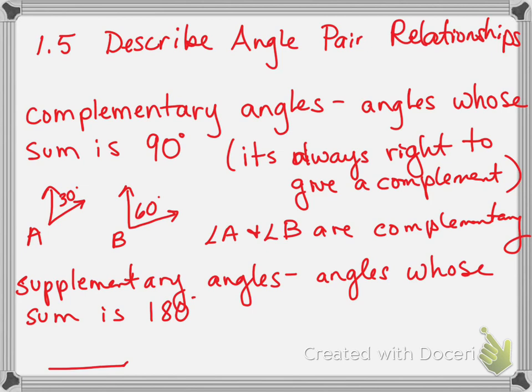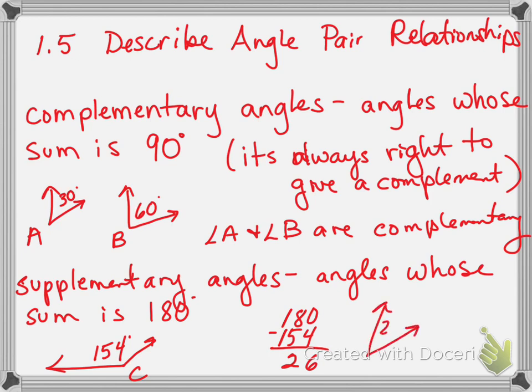So if angle C is 154 degrees, then to find the supplementary angle, you would do 180 minus 154. So angle D is 26 degrees. Angle C and angle D are supplementary because when you add them together, they equal 180.